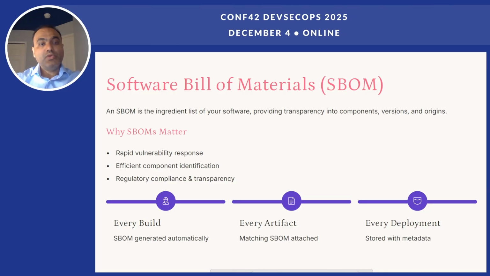You should be able to instantly answer: are we affected? Where are we affected? Which versions are impacted? Organizations that had SBOMs generated automatically handled Log4j in hours. Organizations without SBOMs spent days, even weeks, just figuring out where to start. This is why SBOMs aren't just paperwork, they are operationally lifesaving.